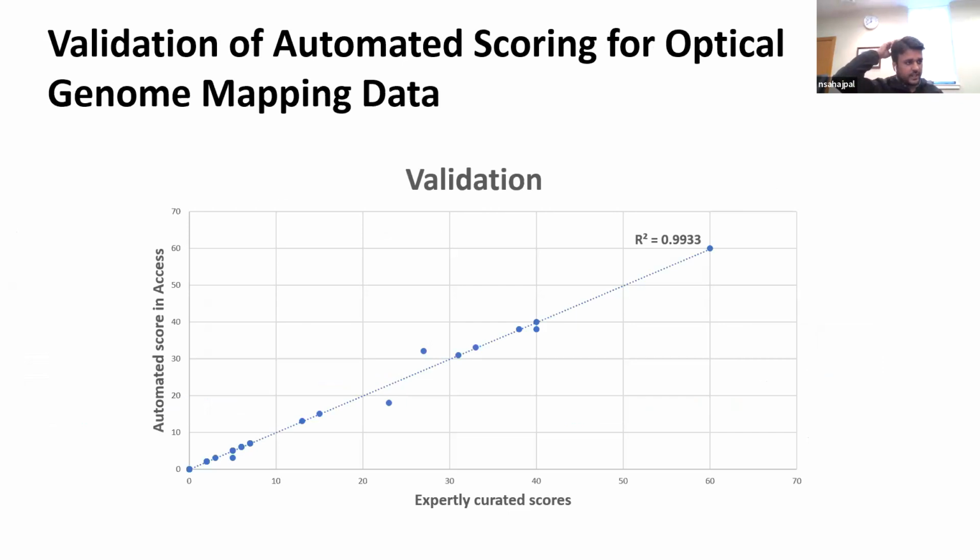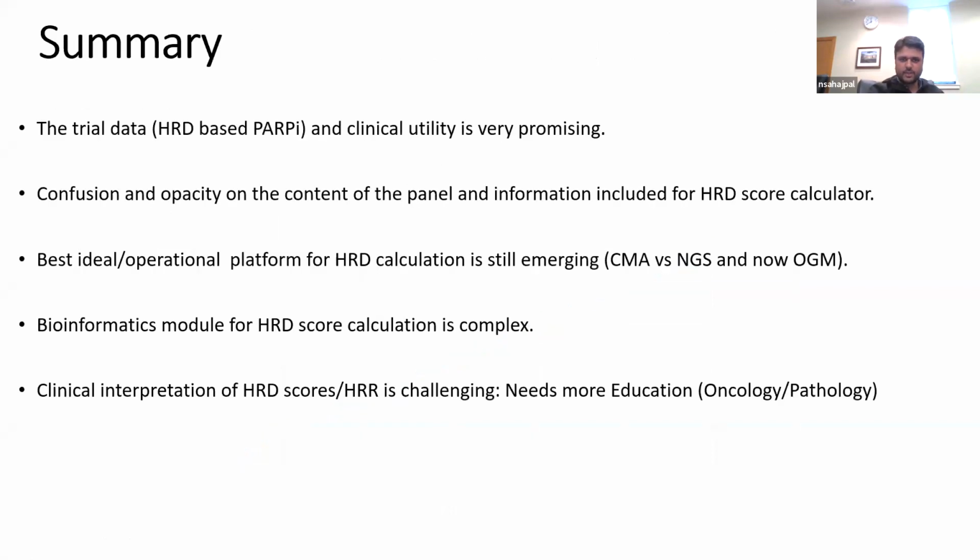We also did a validation study where we generated a script for data coming out from optical genome mapping, and this is the automated score versus the expertly curated score, and we had refined this to a level which is acceptable for concordance between both of those methods to capture HRD phenotype.